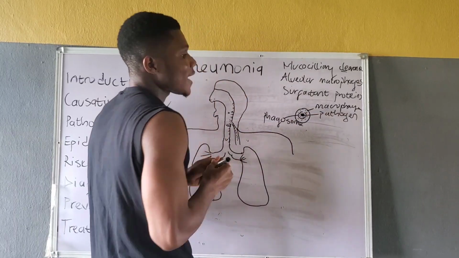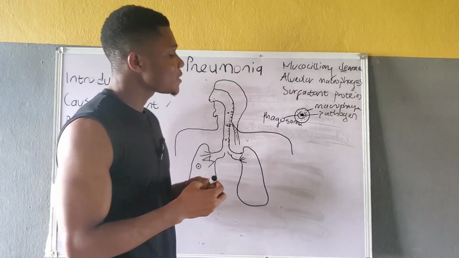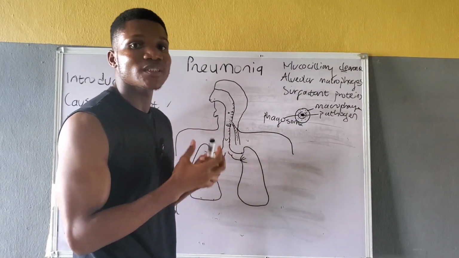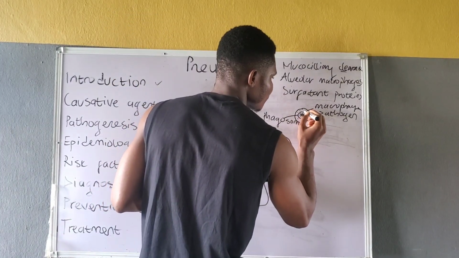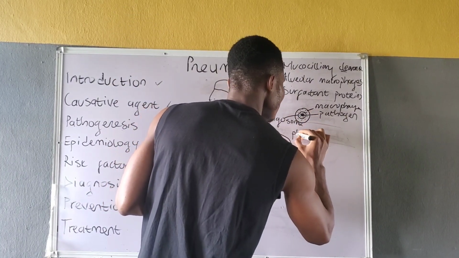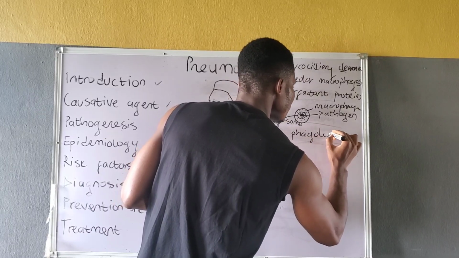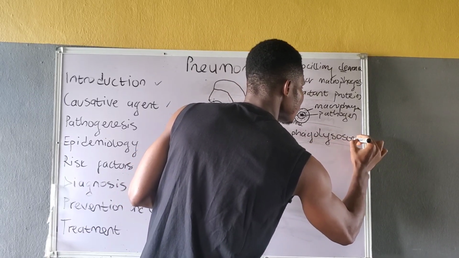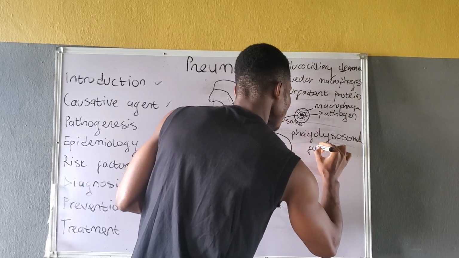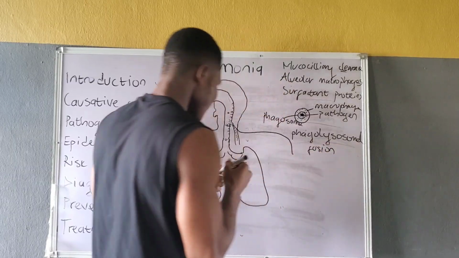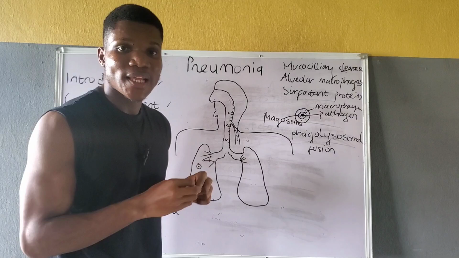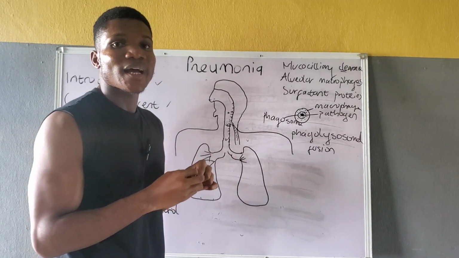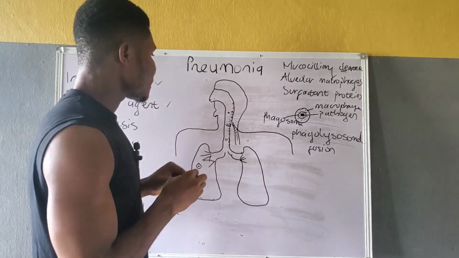You know, lysosomes have digestive enzymes. So these digestive enzymes present within the lysosomes then neutralize the pathogen within the phagosome. So this process is known as phagolysosomal fusion. It is the process that alveolar macrophages utilize to neutralize and destroy pathogens present within the lungs.